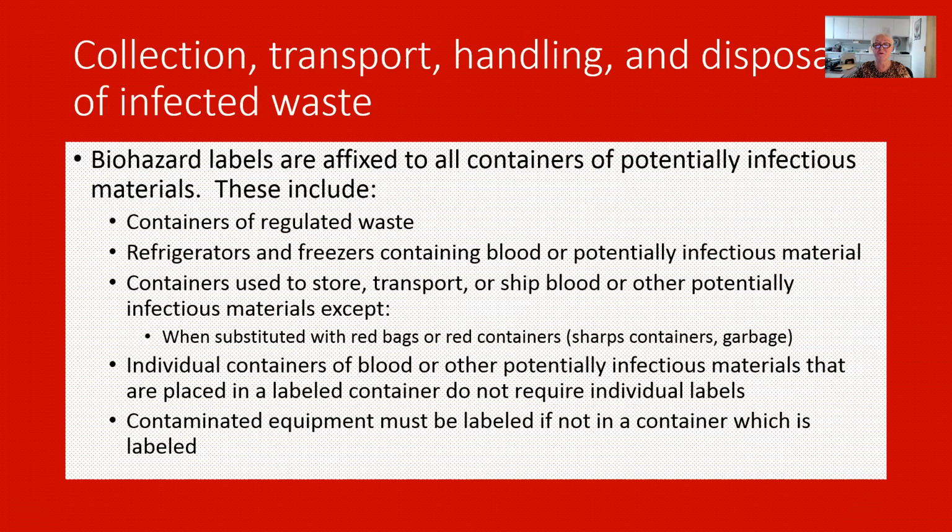Individual containers of blood or other potentially infectious materials that are placed in a labeled container do not require individual labels. Contaminated equipment must be labeled, if not in a container which is labeled.